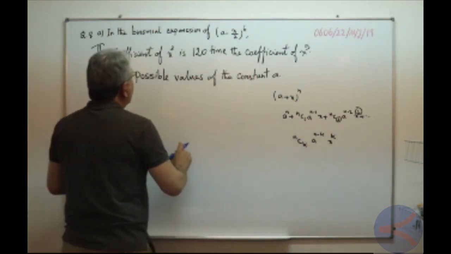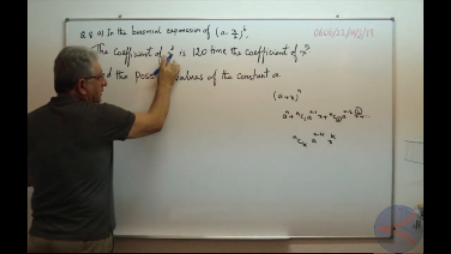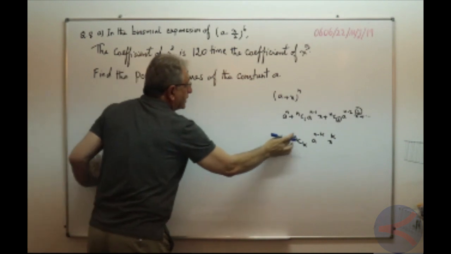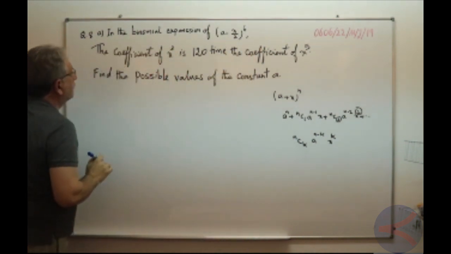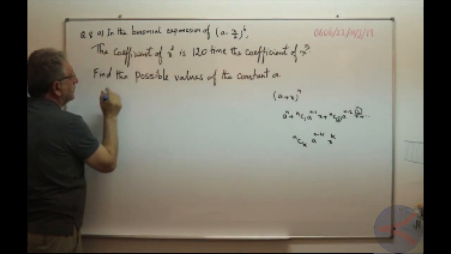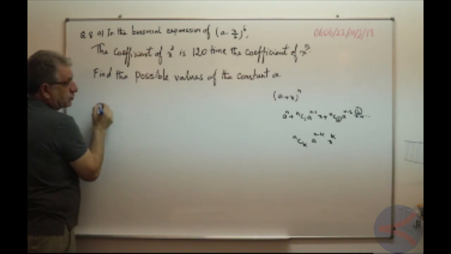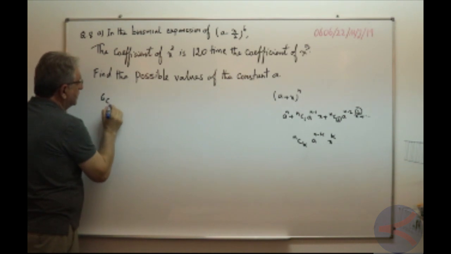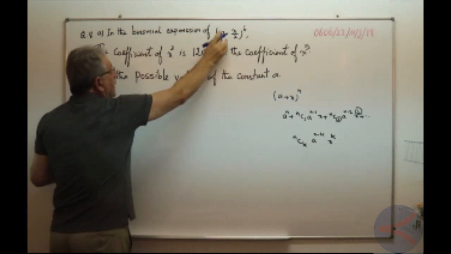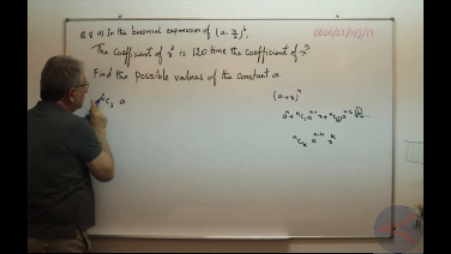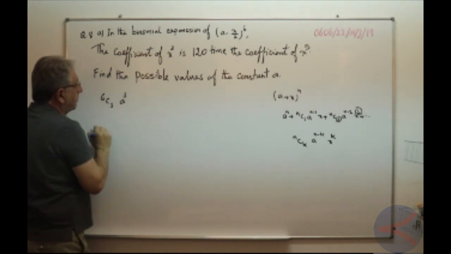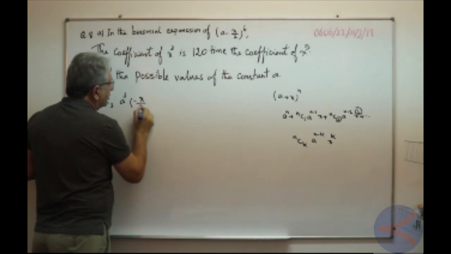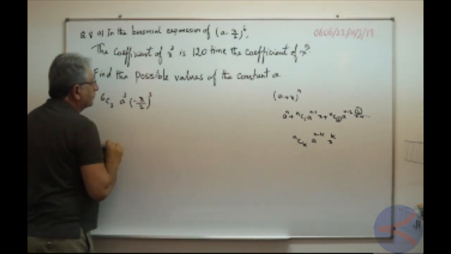Now, since I want the coefficient of x to the power of 3, my k should be 3. Therefore n is how much? n is 6. So for the coefficient of x to the power of 3, I'm going to write 6C3 a to the power of 6 minus 3, which is 3, then minus x over 2 to the power of 3.